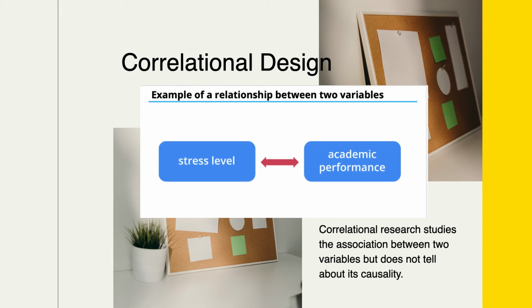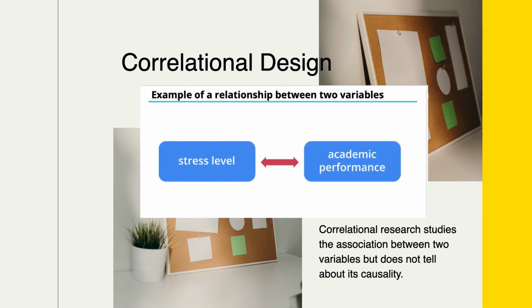Correlational research design measures a relationship between two variables without the researcher controlling either of them. It aims to find out whether there is either positive correlation, negative correlation, or zero correlation. In positive correlation, both variables change in the same direction. For example, as height increases, weight also increases.